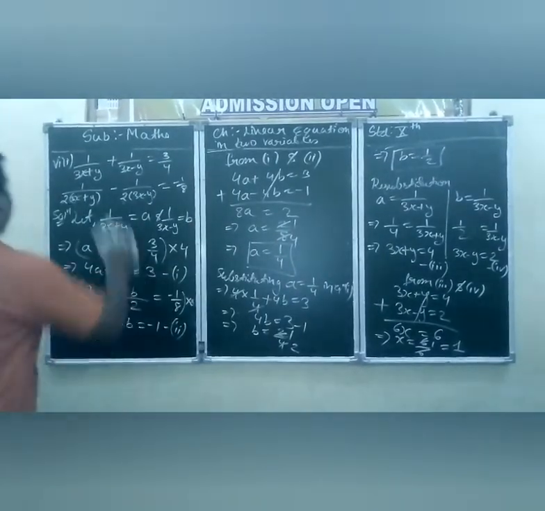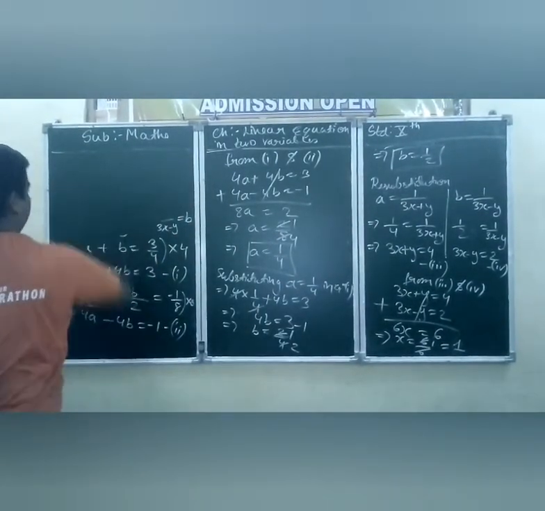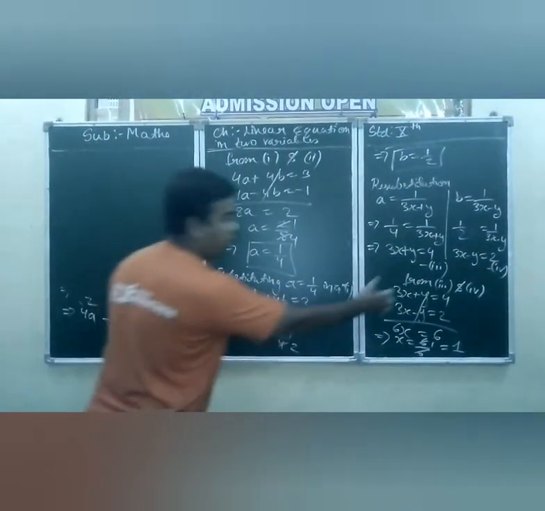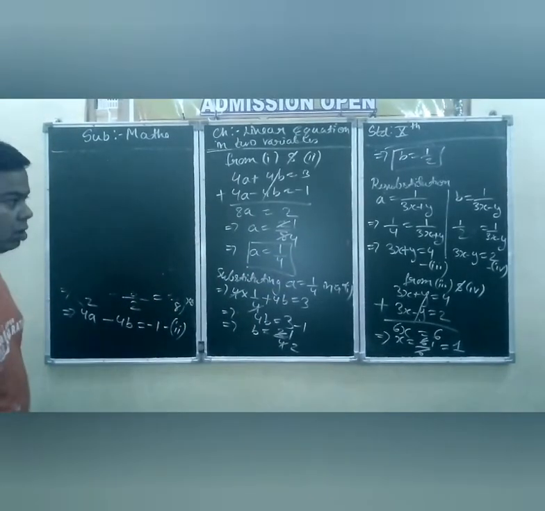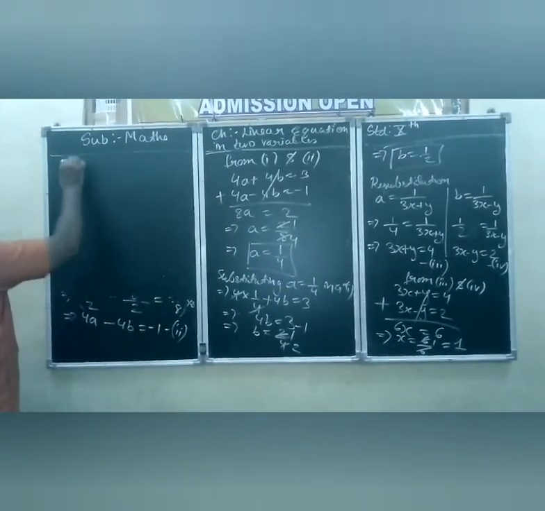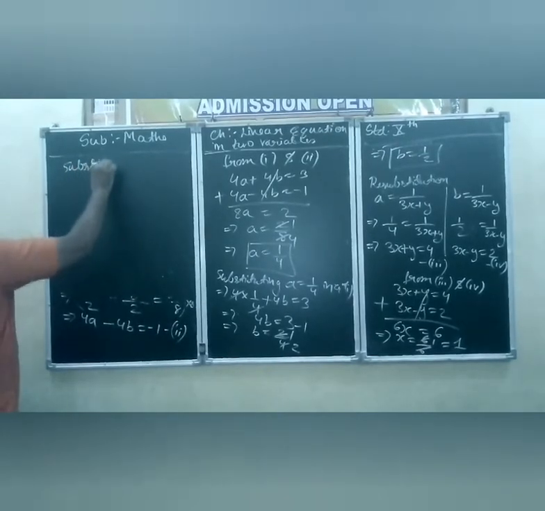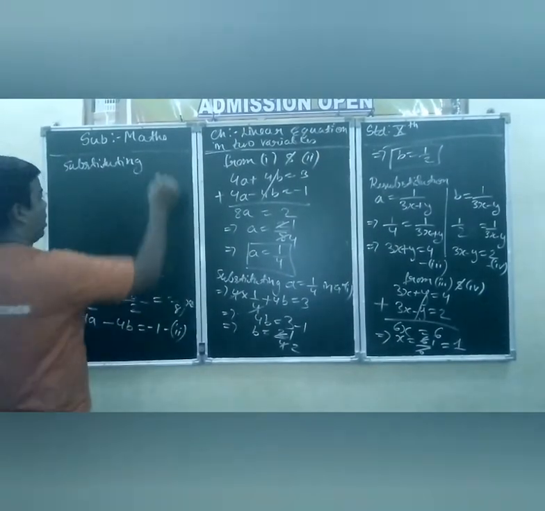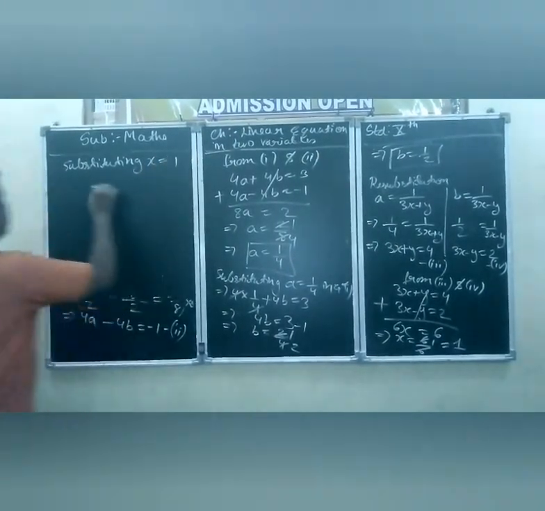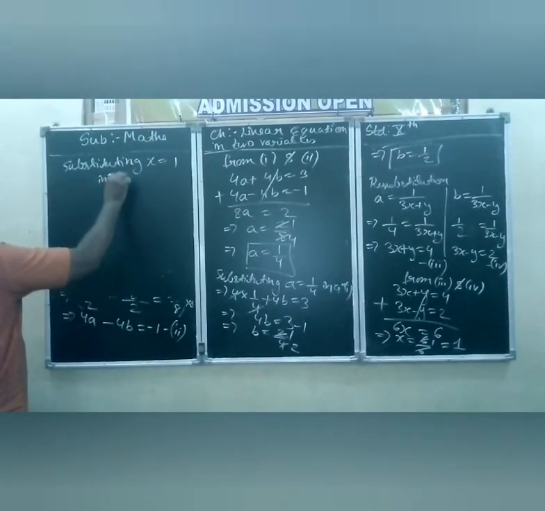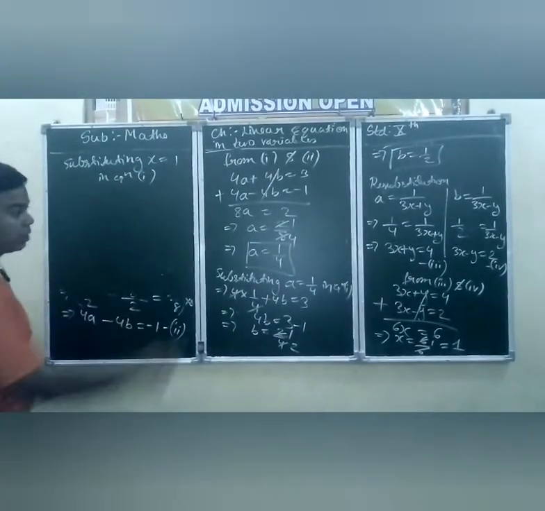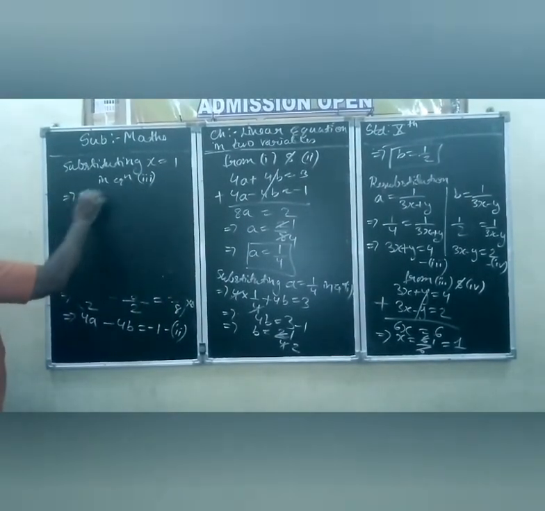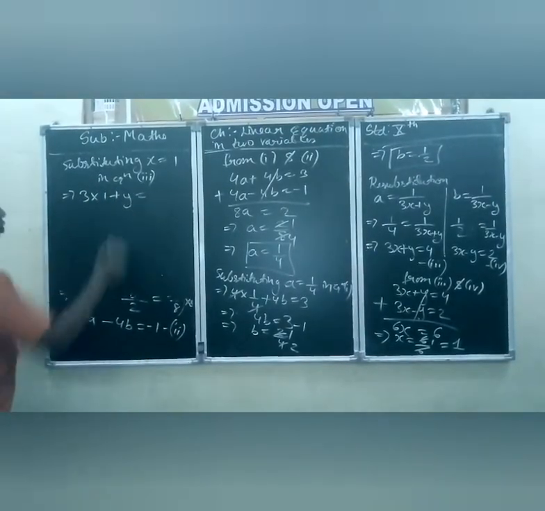Now find the value of y. This value we put in either the third or the fourth equation. So substituting x equal to 1 in the third equation: 3 into 1 plus y is equal to 4.